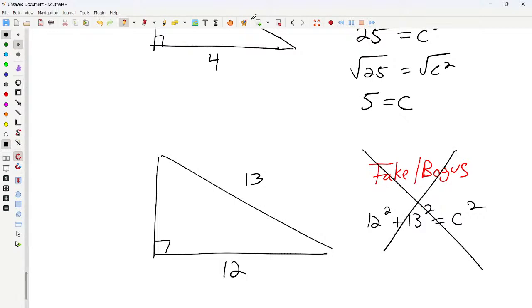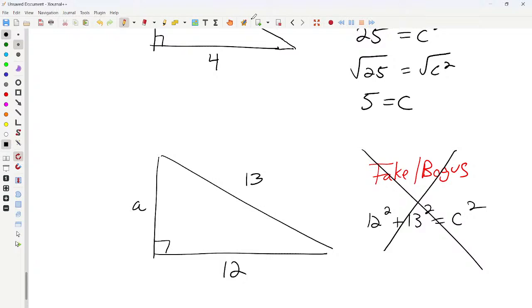Wrong every time. If you were thinking that, then you can't think that. Wrong. The hypotenuse has to go in the place of c, and it's not unknown right now. The hypotenuse is 13. It has to be c. What we call a and b over here doesn't matter.